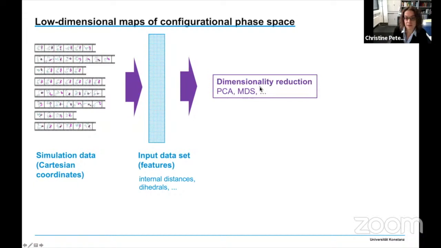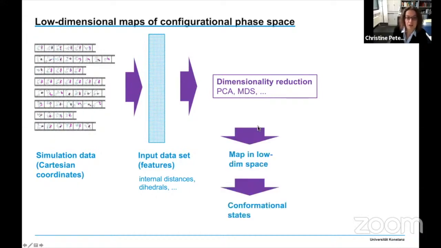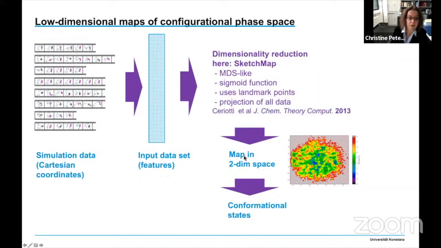Then we need a dimensionality reduction algorithm, which could be principal component analysis, multidimensional scaling, or any other nonlinear algorithm. We generate maps in low-dimensional space, and usually we also look at conformational states. So we cluster, but this is not the focus of today's talk.